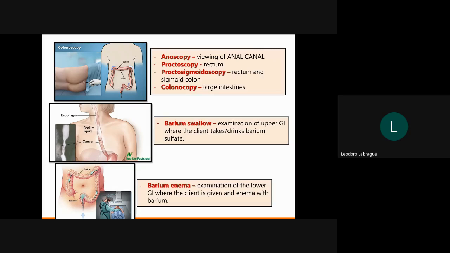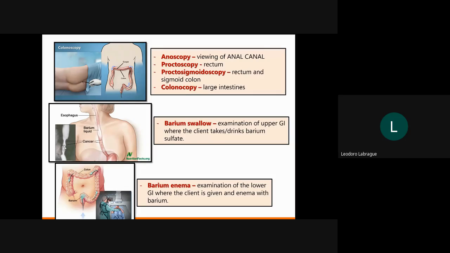After the patient drinks the barium, the patient was taken to the X-ray, and you will see here in the X-ray result that the esophagus is constricted. Perhaps there is a mass and there is a cancer, and that is very visible with barium swallow.